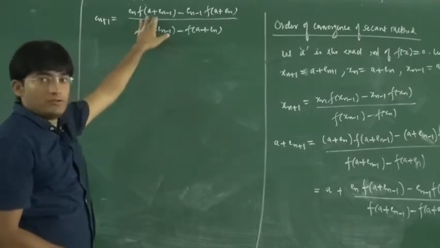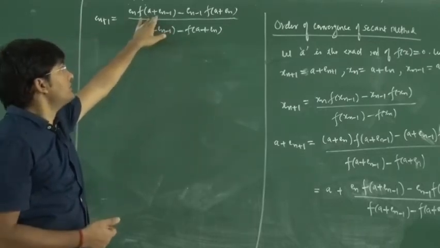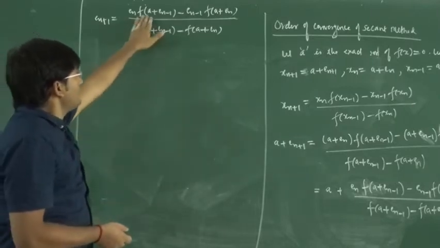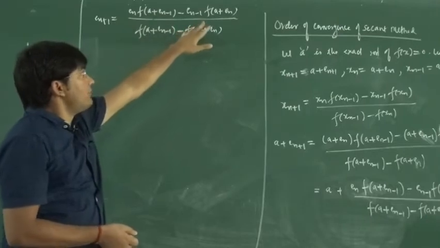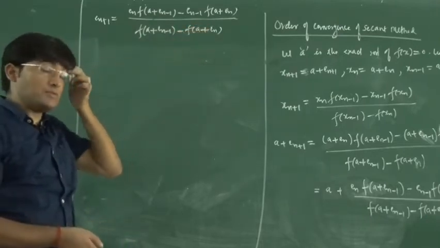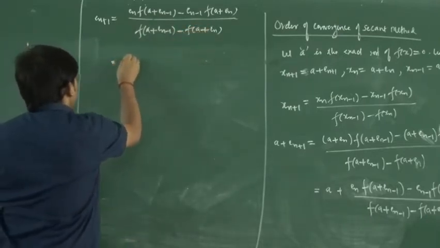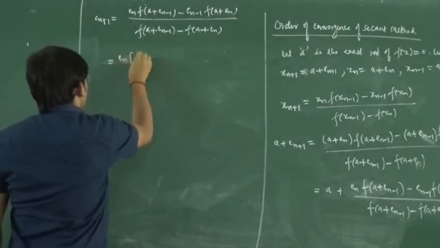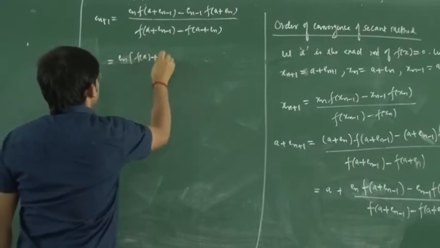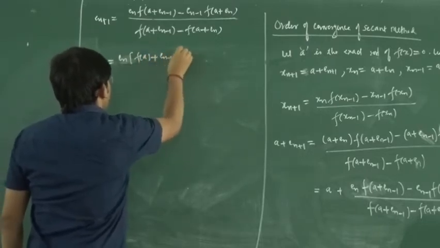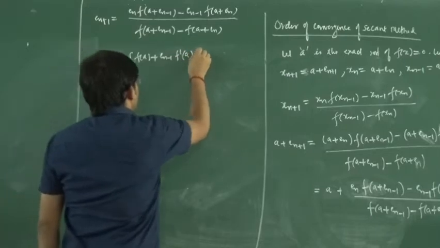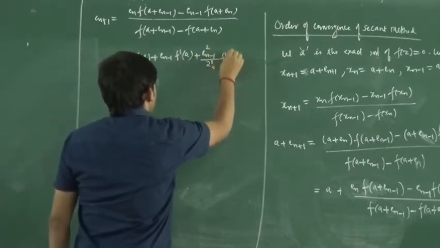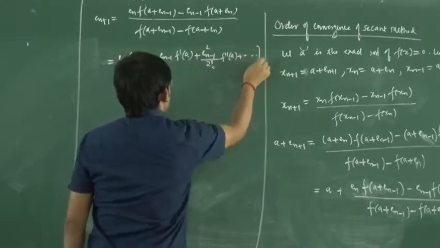Now let us apply Taylor's theorem. After expanding f(a plus e_n) with the help of Taylor expansion, we have in the numerator e_n times f(a) plus e_{n-1} f'(a) plus e_{n-1} squared upon factorial 2 f''(a), then we will have the higher order terms.